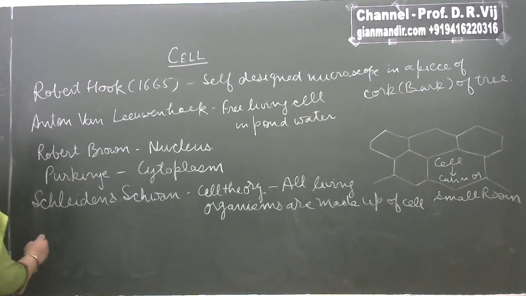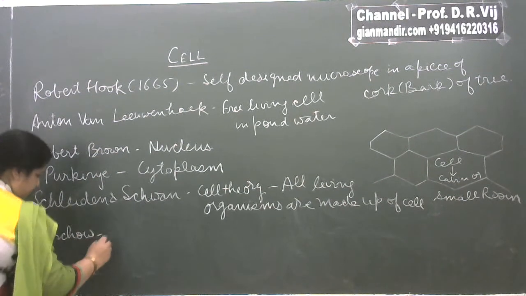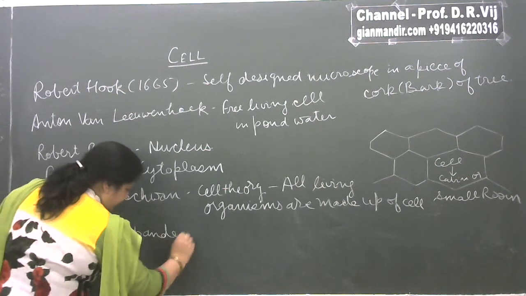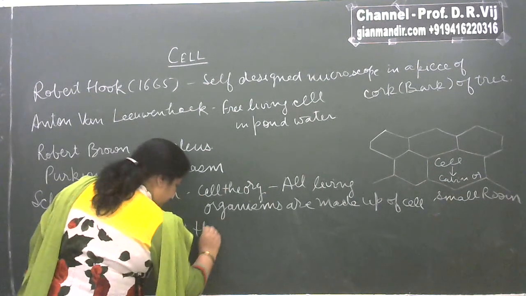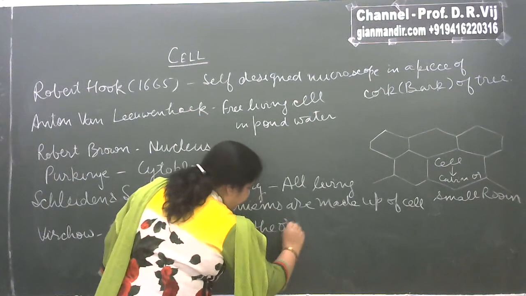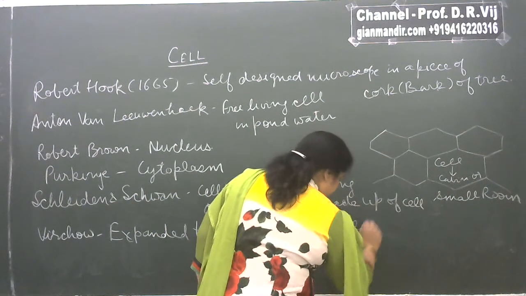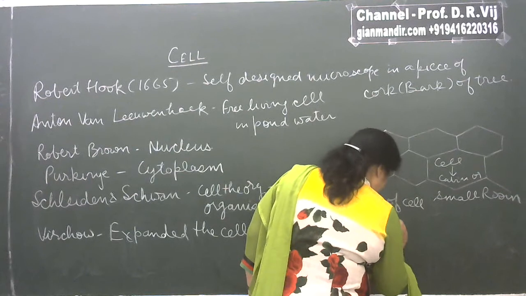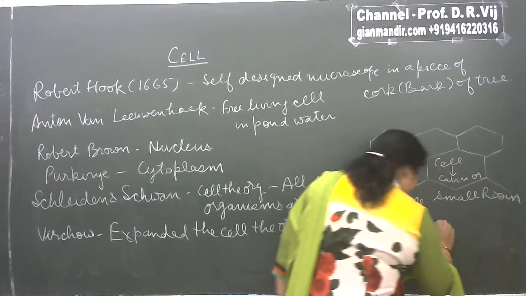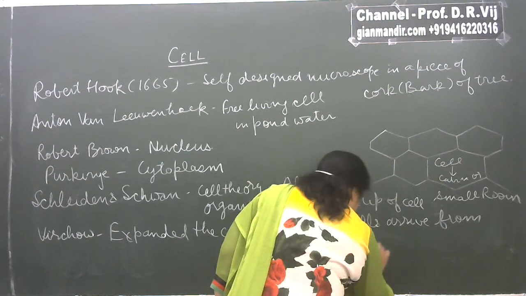And then another one is Virchow, who expanded the cell theory, and according to this expanded cell theory, all cells arise from pre-existing cells.